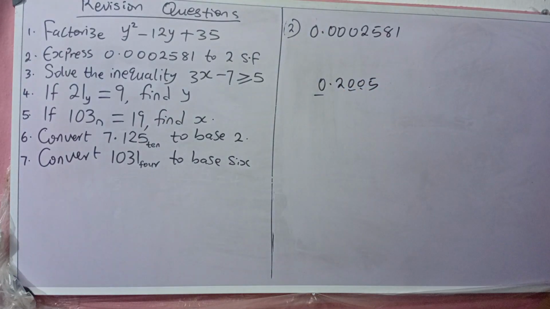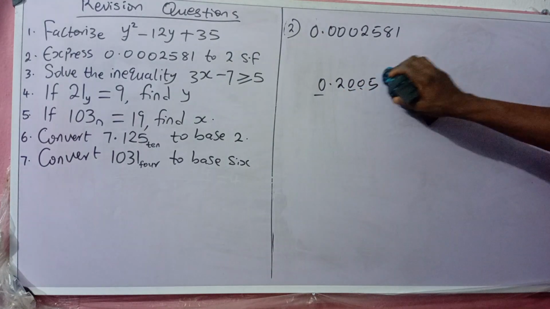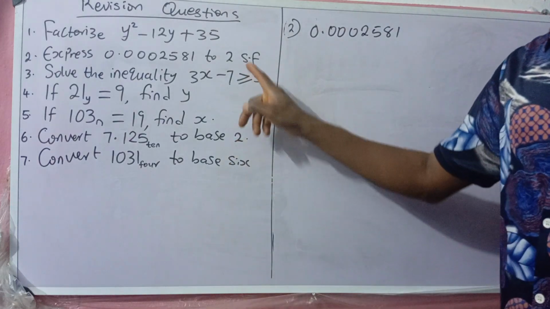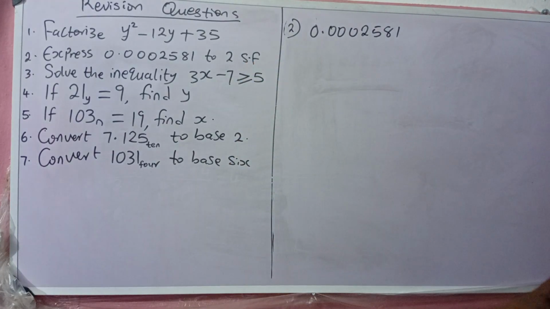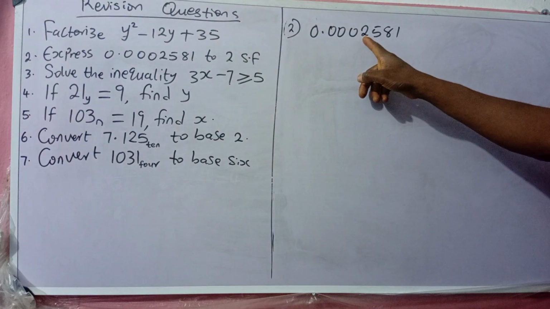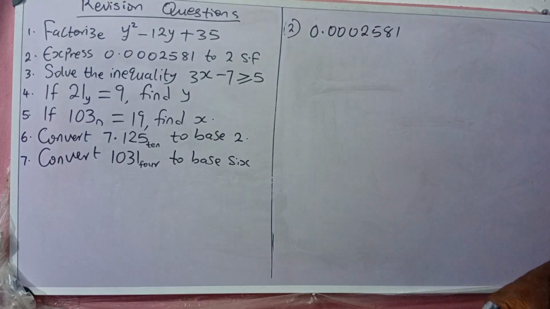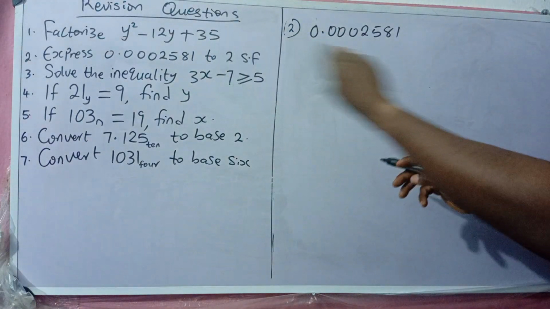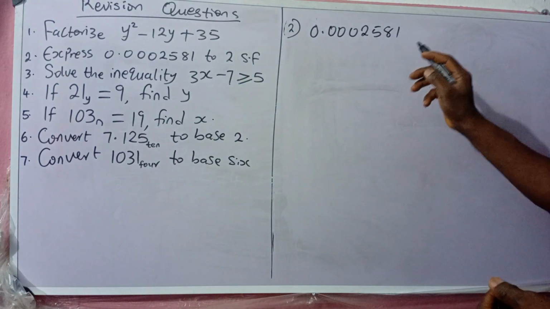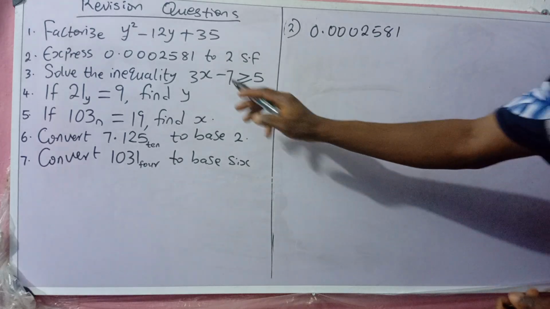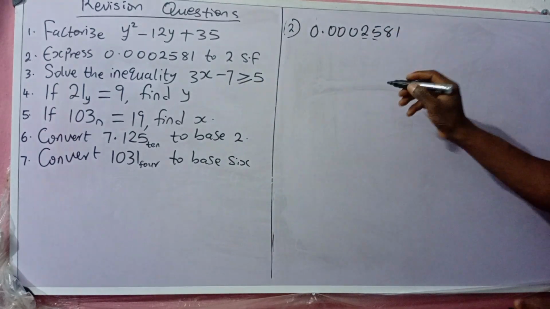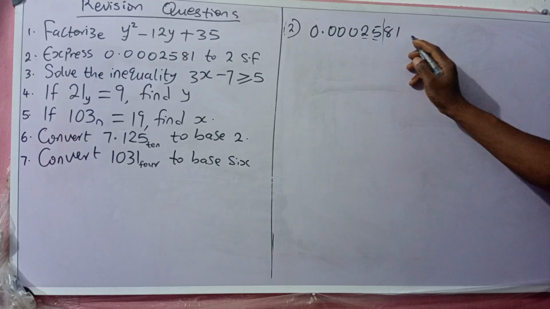So the question we have on the board says that we should express the number to two significant figures. Our significant figures start reading from here: 1, 2, 3, 4. So for us to leave this number in two significant figures, we start from the left and identify the significant figures 1, 2, because they say two significant figures. So these ones will not be considered.